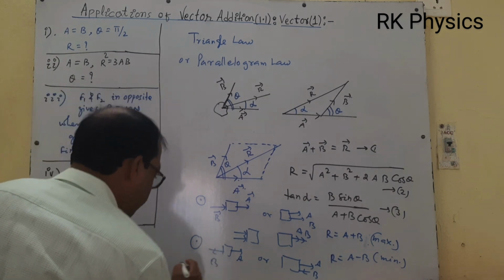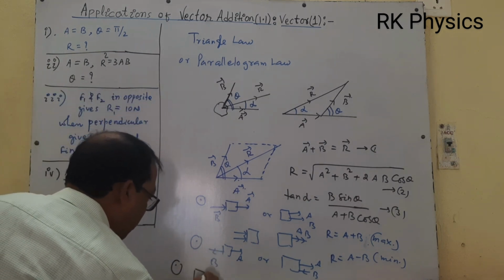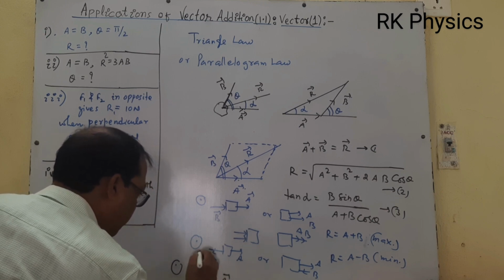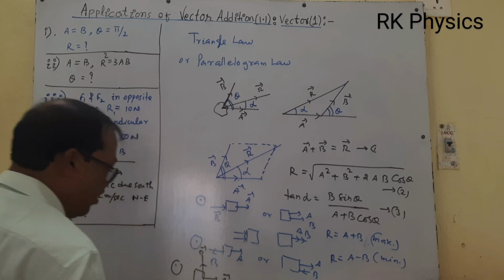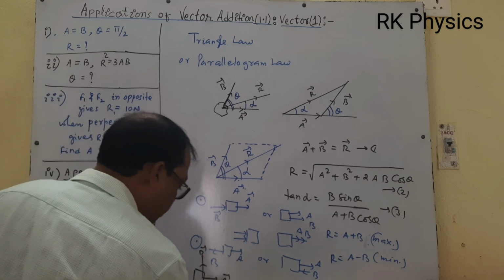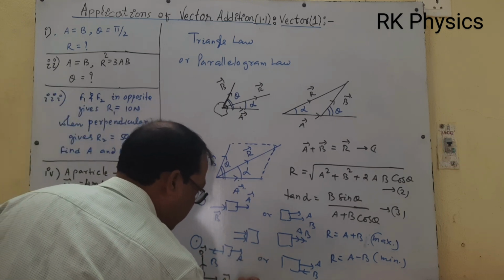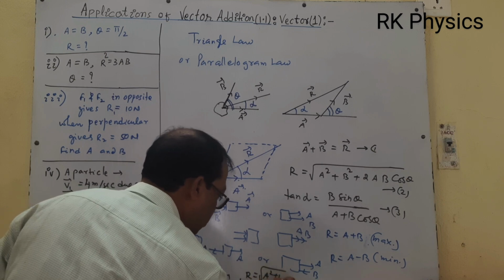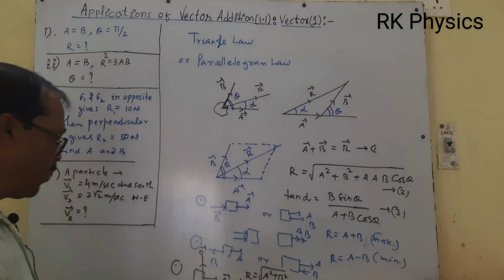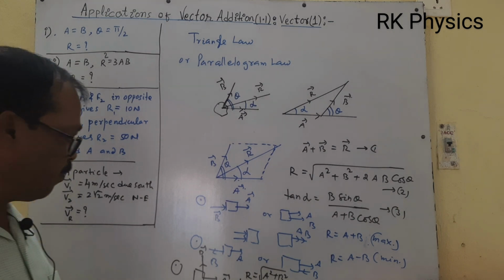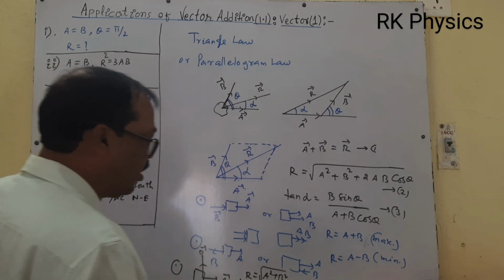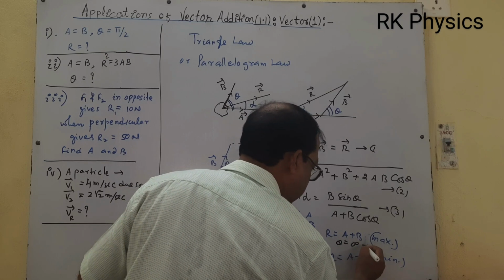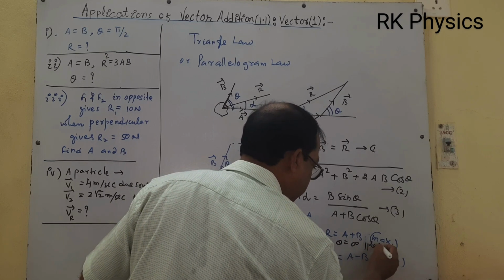Similarly, if vector A is in one direction and B is in another direction perpendicular to it, the object will move along the plane. In that case, the resultant is the square root of A squared plus B squared. Here R equals A plus B is the maximum, where theta is 0 degrees, or the two vectors are parallel.